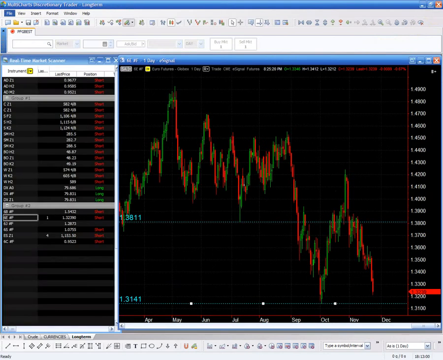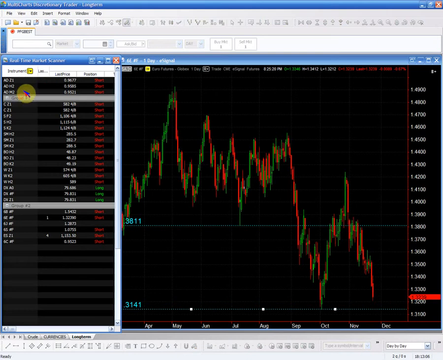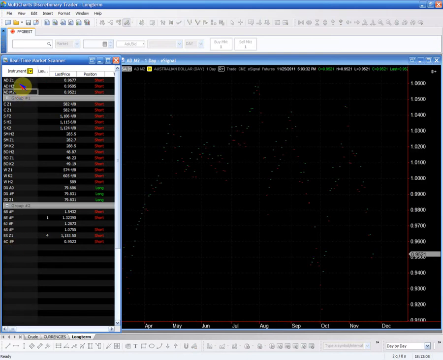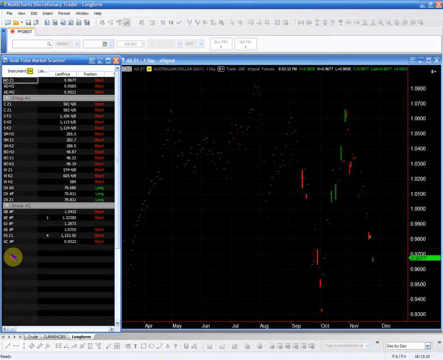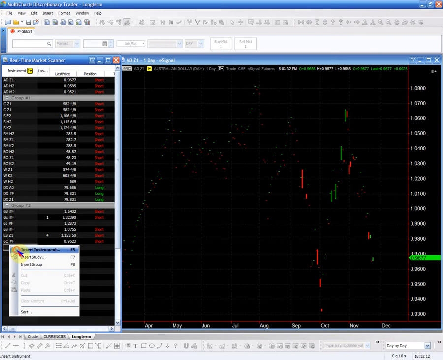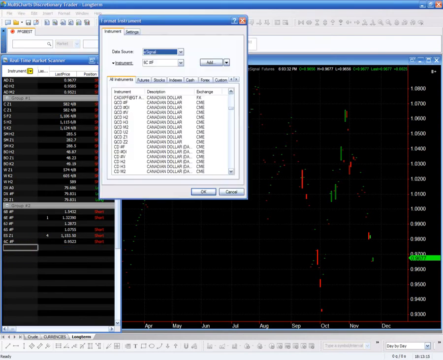We're also going to look now at the Australian dollar. The Australian dollar is really interesting.